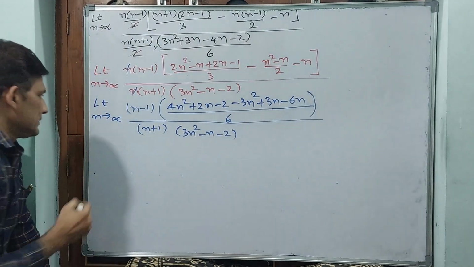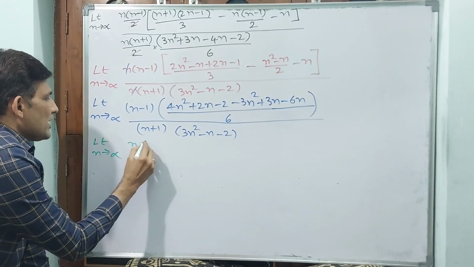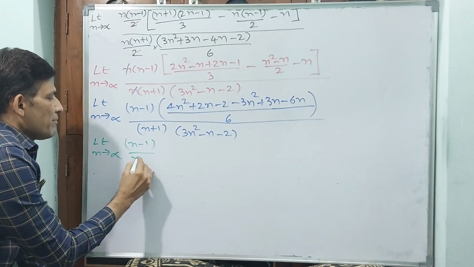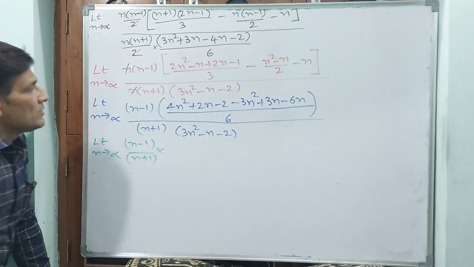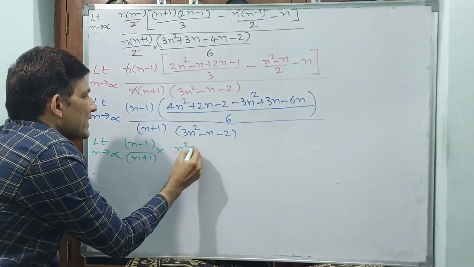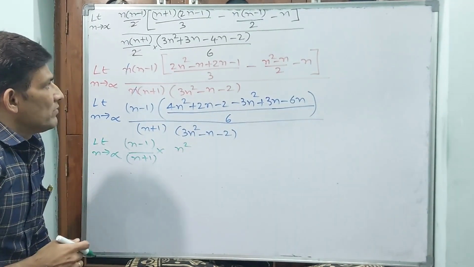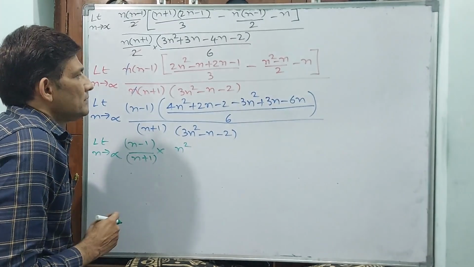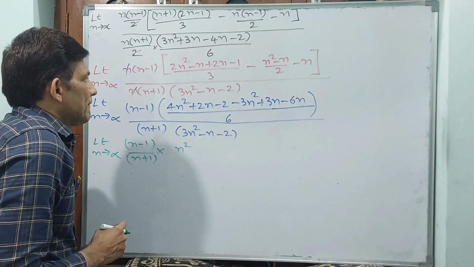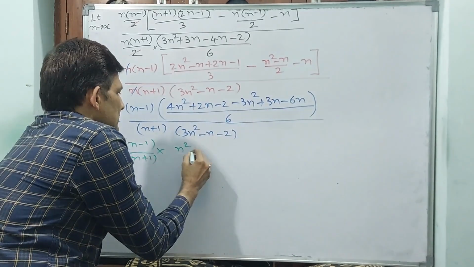Now come back. Limit n tends to infinity, n minus 1 by n plus 1 into, see here n square: 4 and 3, 1n square, 4n square minus 3n square, 1n square, and plus 5n.